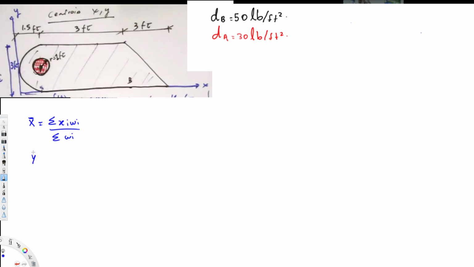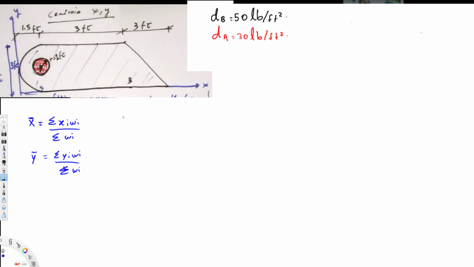To find the y bar, it's the same thing: sigma yi wi divided by sigma wi. So we need to know these values to calculate sigma xi wi and sigma wi. Let's see how we can calculate this.